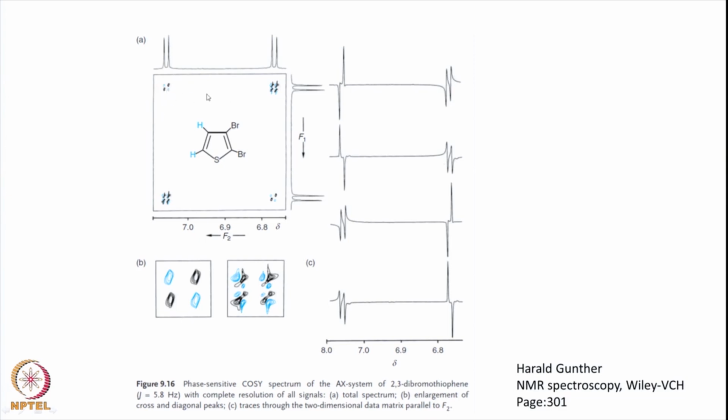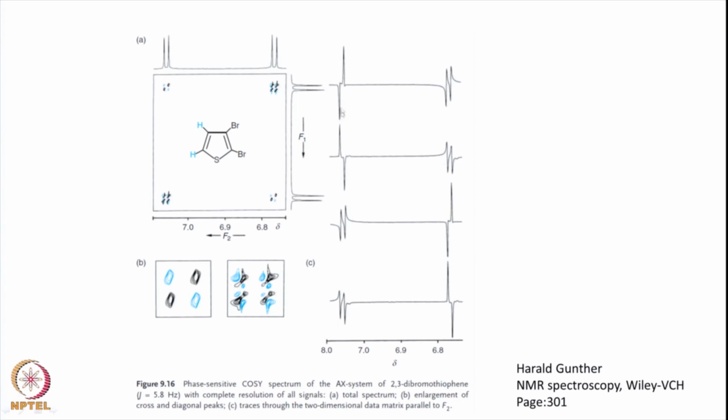This is indicated more explicitly by taking cross sections here. So you take the cross section at this point, that is shown here. So this comes from here, so you have a negative, positive peak, these are absorptive line shapes, antiphase in nature.